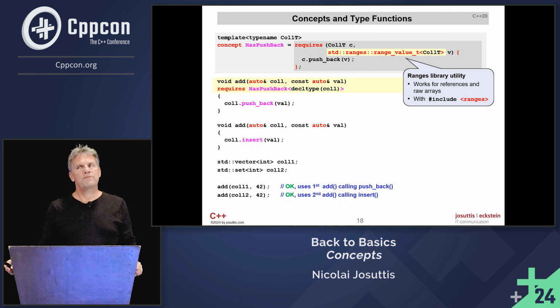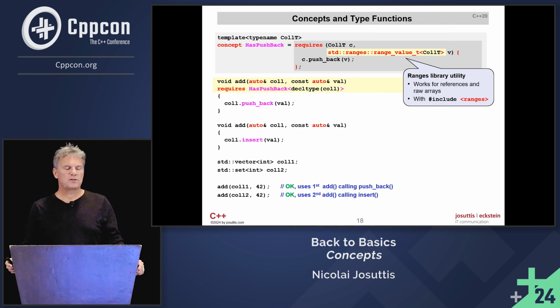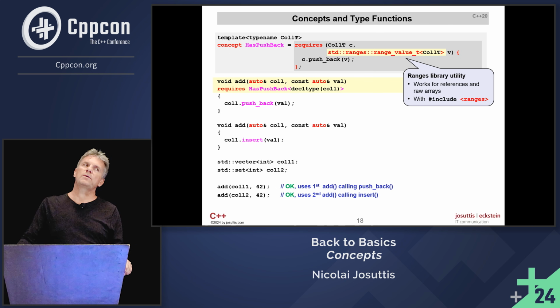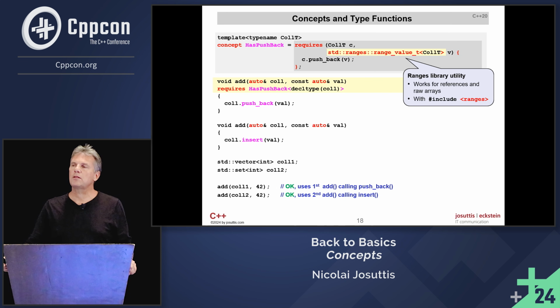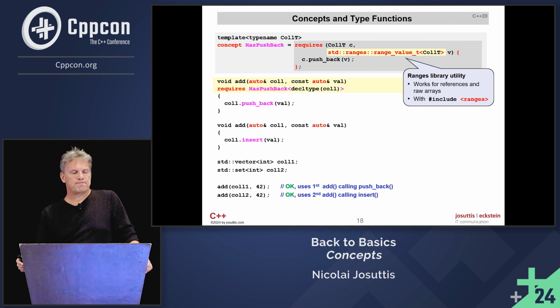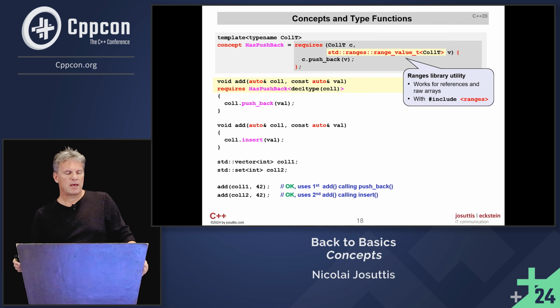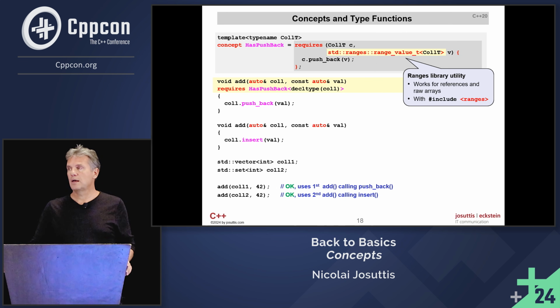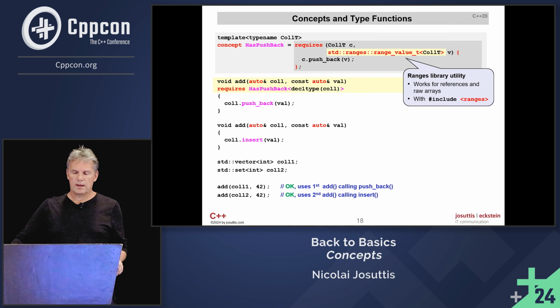Unfortunately, all the stuff of the ranges library is in a different namespace because we would get too much trouble with collisions and we are backward compatible. That utility gives you the type of the elements in a collection. It also works for references and even for raw arrays. You need a header file for that.